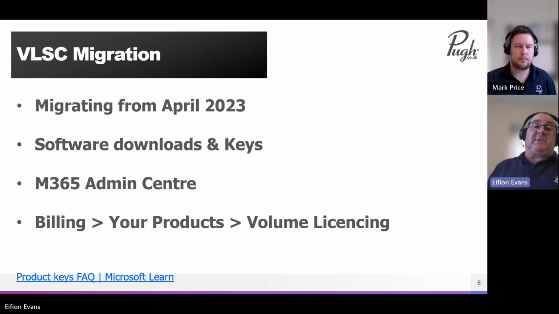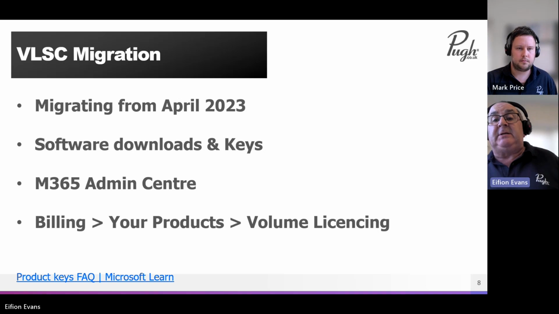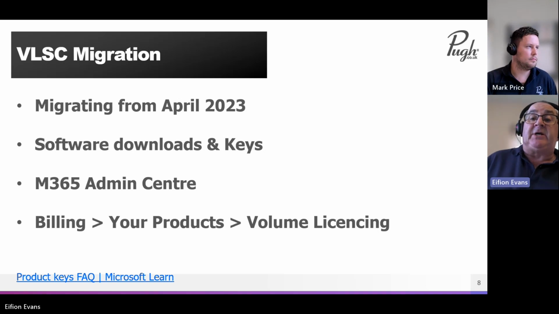Okay, we've covered this one, but VLSC migration. I just thought I'd remind you about it because this is one of the issues or frustrations a lot of you have with Microsoft: access to the VLSC.